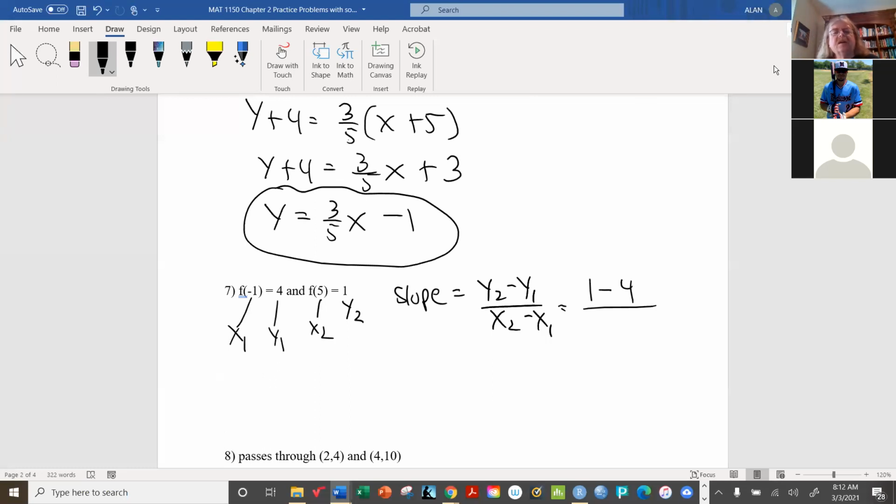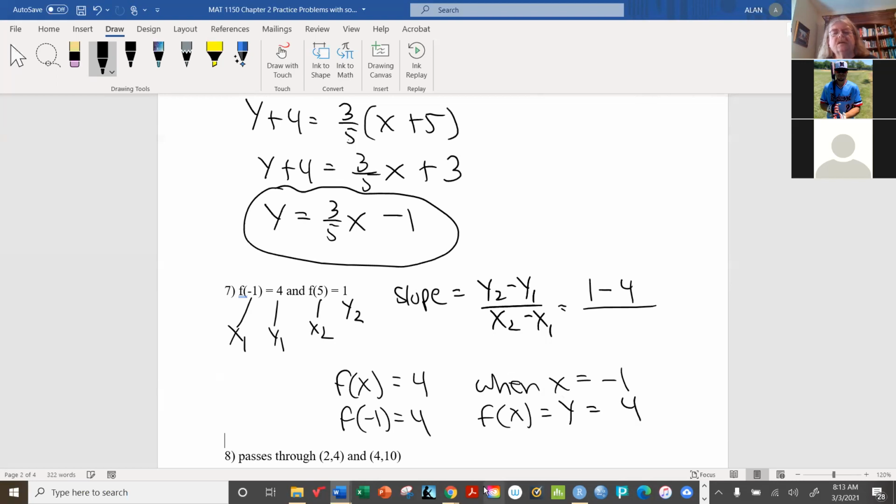But because it says f of x, this one is telling me that f of x is 4, evaluated when x is 1. So basically what this is saying is that when x equals minus 1, f of x, which is also equal to y, equals 4.